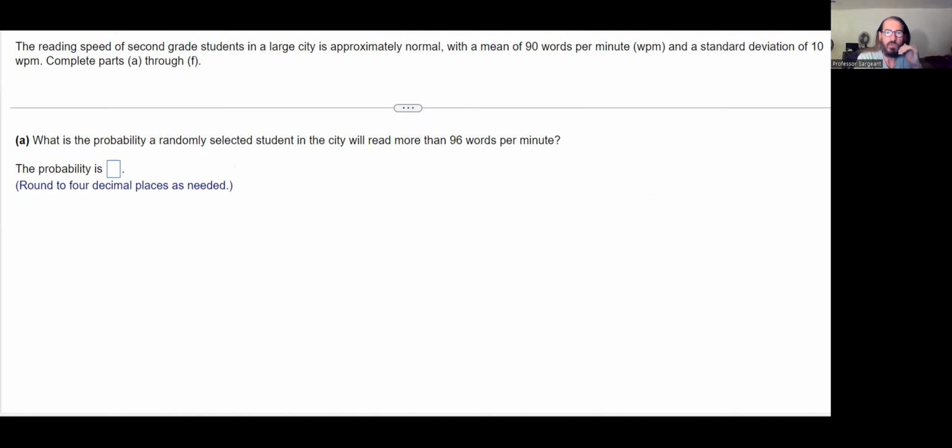Well, it continues infinitely. You could find someone reading faster and faster. The TI-84 does not have a way of typing in infinity, so we put in the largest number that it can handle. Most of them is going to be 10 to the 99th power. Some of the newer ones may be 10 to the 999th power.